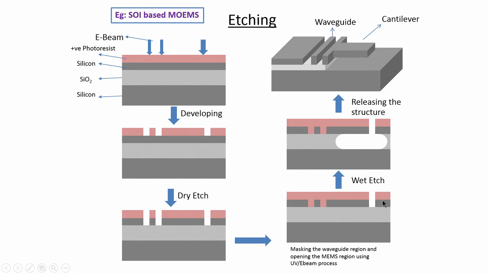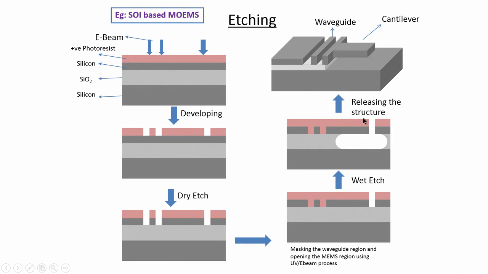There is also what is called a wet etching process, where you use liquid chemicals to etch out the materials, and you can also etch into the wafer. For example, in this particular case you are seeing that using this opening you etch out oxide in this region. This is possible by using chemical wet etching, and the structure remains on top of it.